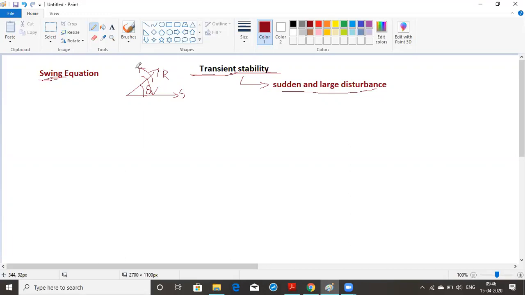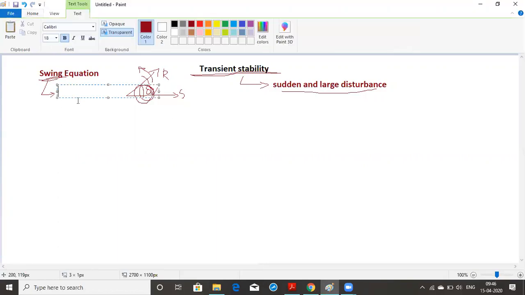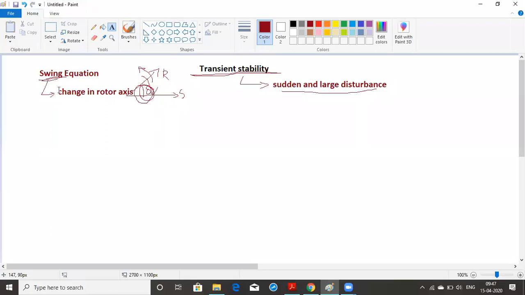Whenever it is accelerated or decelerated, the only change you can observe is delta. Everything changes only after delta varies. So this change in the rotor axis is called a swing. The change in the rotor axis is called a swing.